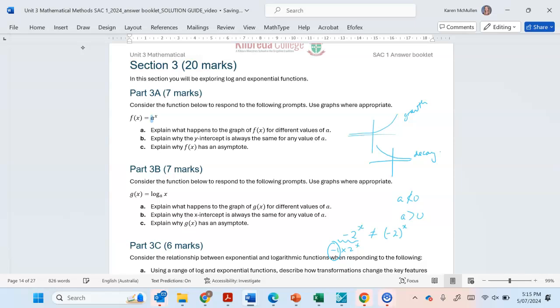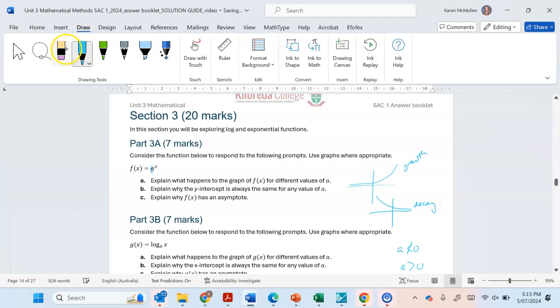Because if I had negative 2 to the power of x, and x can be any real value, let's say to a half, that is the same as the square root of negative 2, and you can't get a real solution. So I just wanted to make that distinction because some students did talk about A being negative, but A actually can't be negative, it has to be positive. And I explain that in my solutions as well.